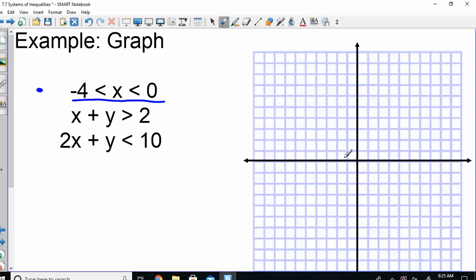So we have a vertical line at -4, dashed because there's no equal to, vertical line at 0, also dashed, and we're just talking about everything in between those two.